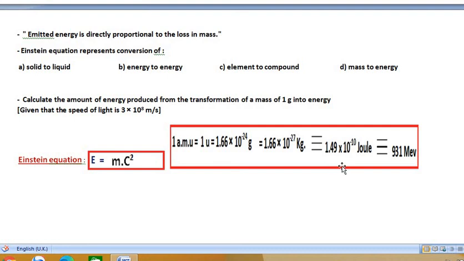If you want it in million electron volt, put x here. Then use the mathematical relation by multiplying means and extremes. You can find the value of x, which is the required quantity. Okay, and in this way you can calculate any interconversion between the mass and energy.